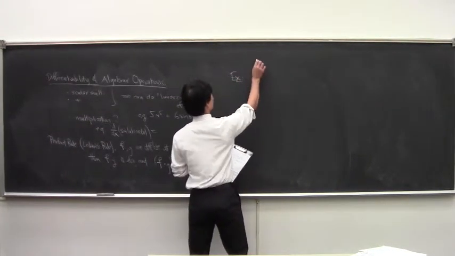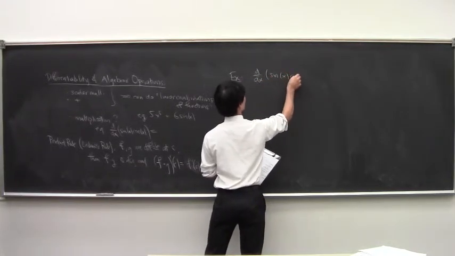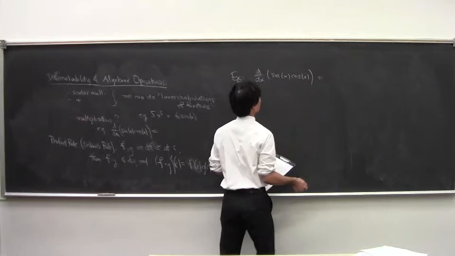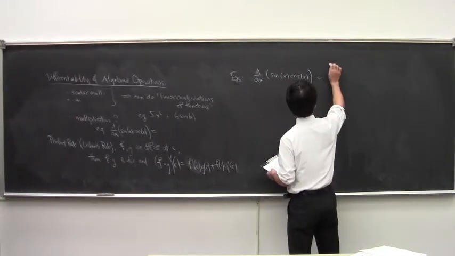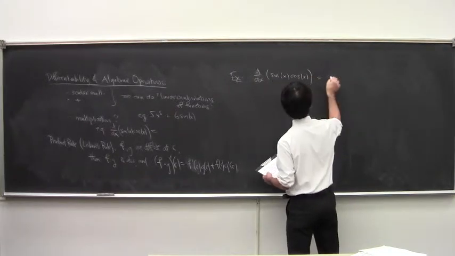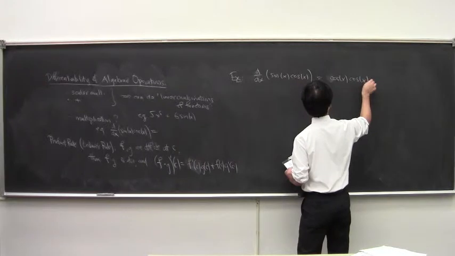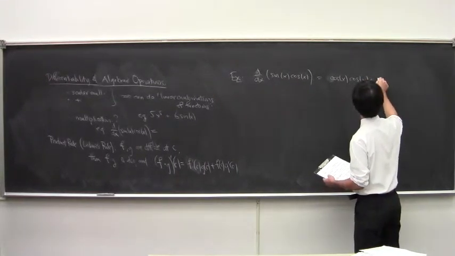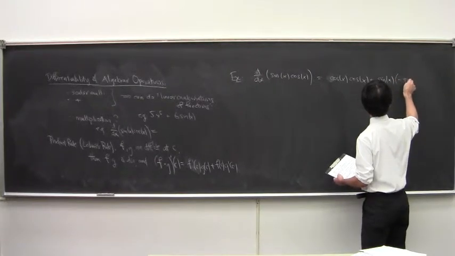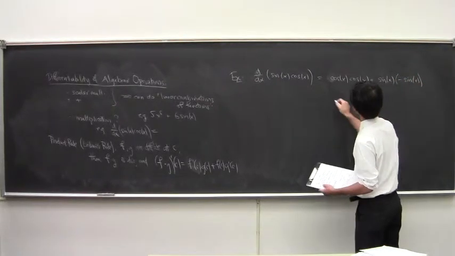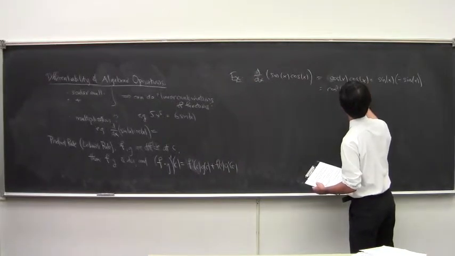If we take the derivative of the sine times the cosine, you get the derivative of the first guy, which is the cosine, times the second guy, plus the first guy times the derivative of the second guy. So you get cosine squared minus sine squared.